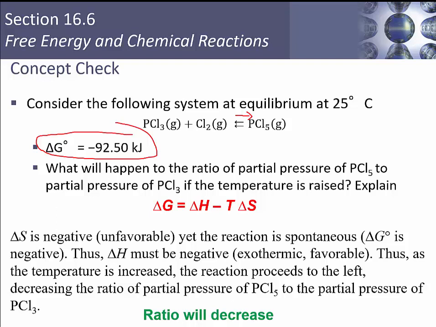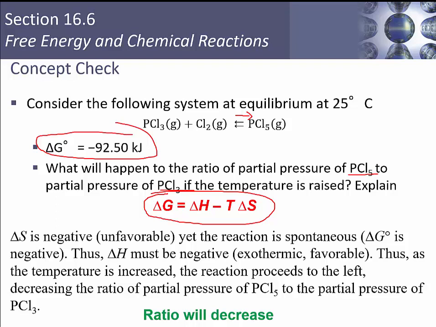What will happen to the ratio of the partial pressure of the PCl5 to the partial pressure of the PCl3 if the temperature is raised? And we're going to explain that using thermodynamics. Before, we were saying heat's a product or heat's a reactant, what's Le Chatelier's principle going to do? Now we're going to look at it from this thermodynamic energetics point of view.